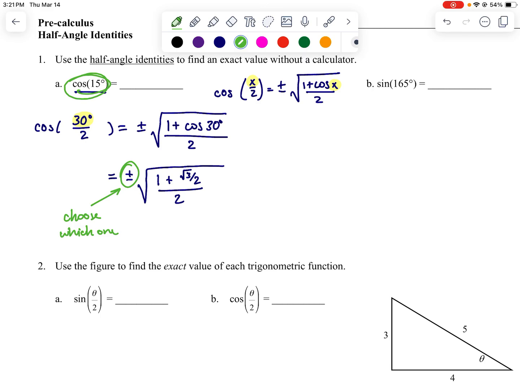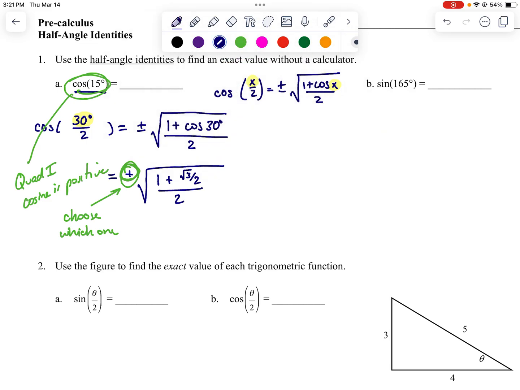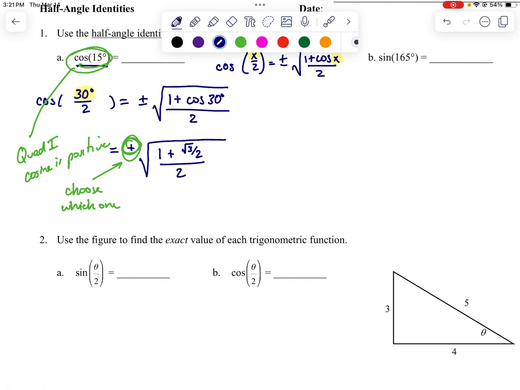The 15 degrees is in quadrant 1, and in quadrant 1, cosine is positive. So for this particular problem, we're just going to pick the positive. You just have to think about whether you want to keep the positive or make it negative based on your quadrant.